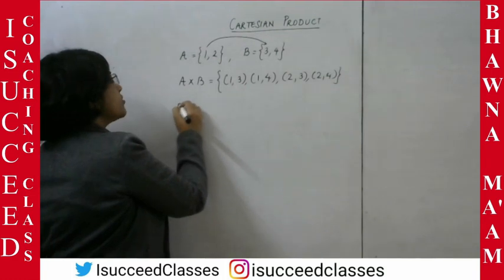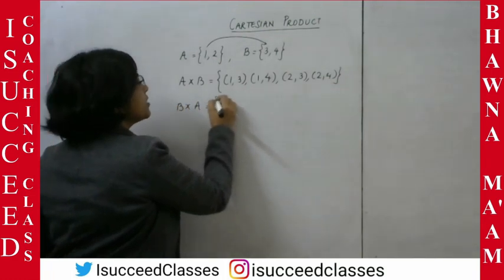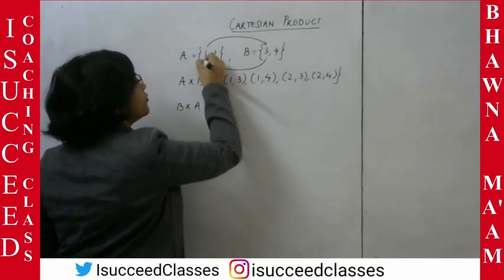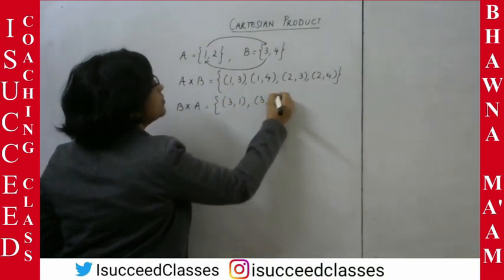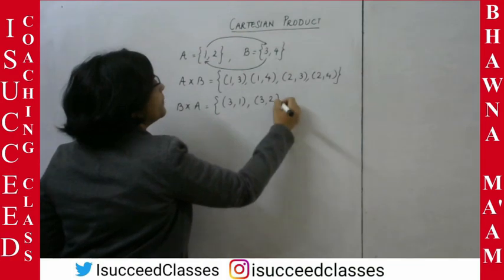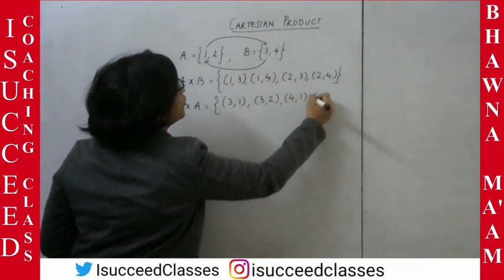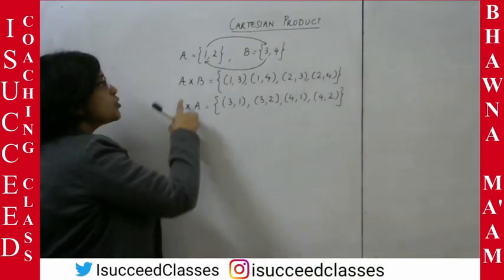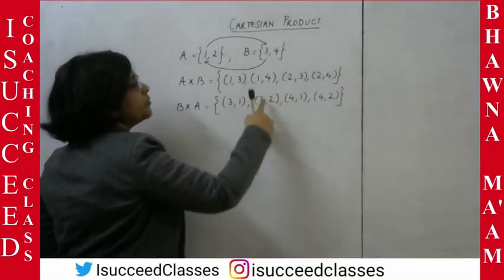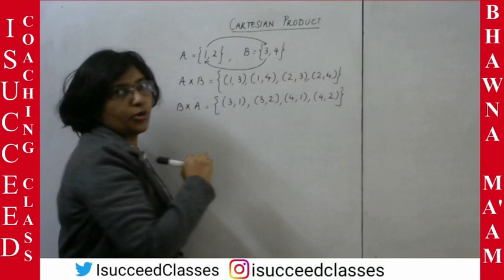And what would be B cross A? In this case, we will start with an element of B and go to A: (3, 1), (3, 2), (4, 1), and (4, 2). So as you see, the order of the elements is important here.